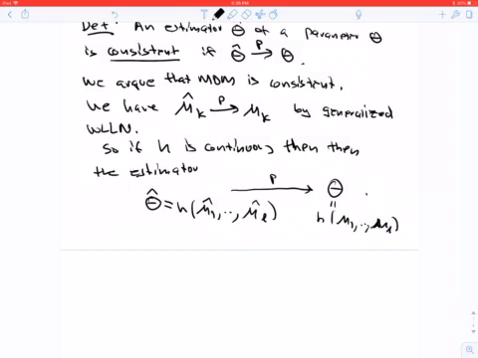And so if h is continuous, then our estimator, which is a continuous function of our sample moments, converges in probability to theta, which is h of mu1 to mu L. So that's it.